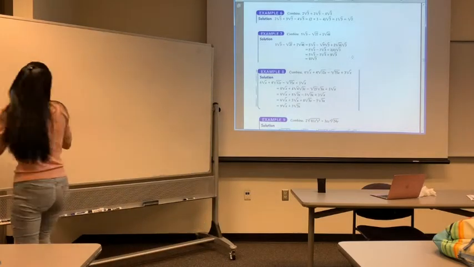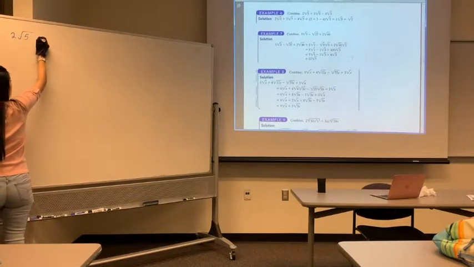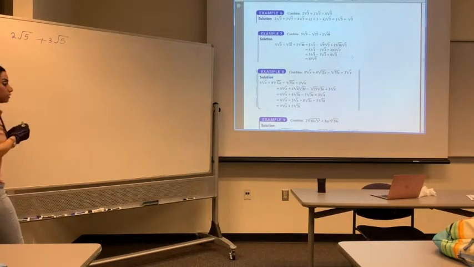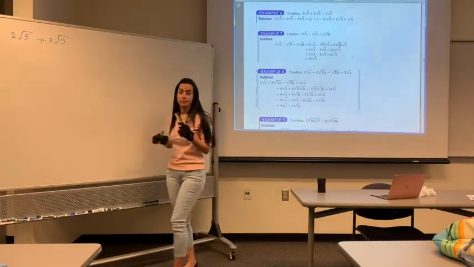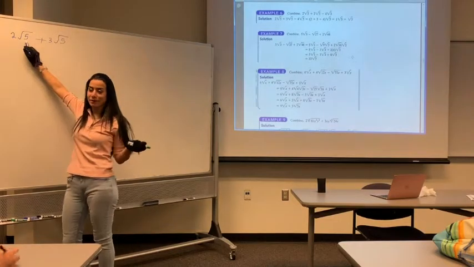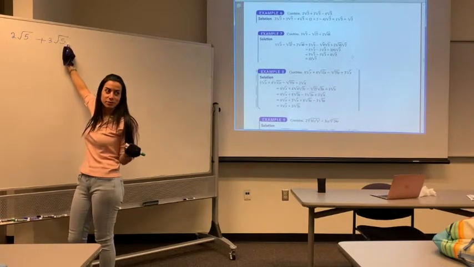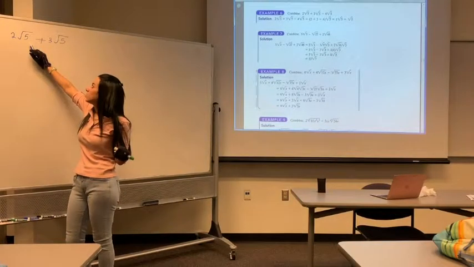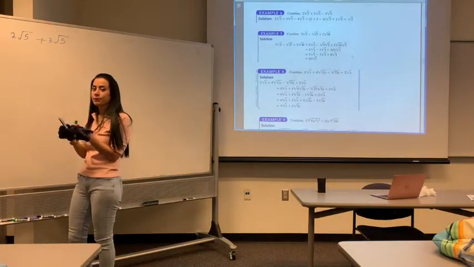So what happens if you have something like 2 radical 5 plus 3 radical 5? You would add 3 and 2. Here, radical 5 and this radical 5 are like terms, correct? Both of them have the same index, and the number under the radical is exactly the same.